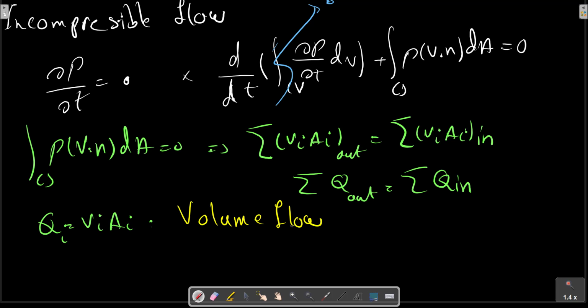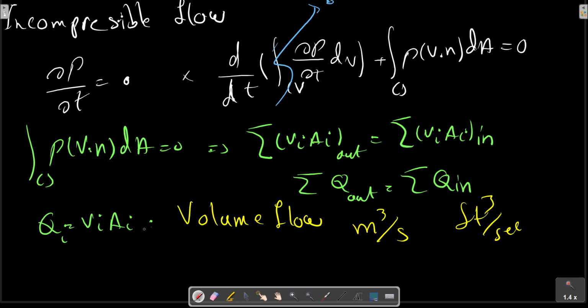Passing through the given cross section, again if consistent units are used, Q equals VA will have units of cubic meters per second, or cubic feet per second in the British or US standard system.